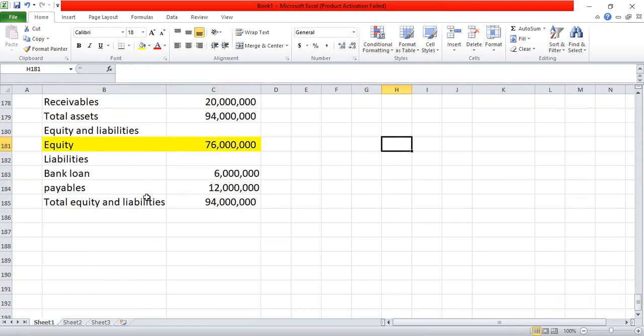So it means the income for the year will be the equity at the end minus the equity at the beginning.